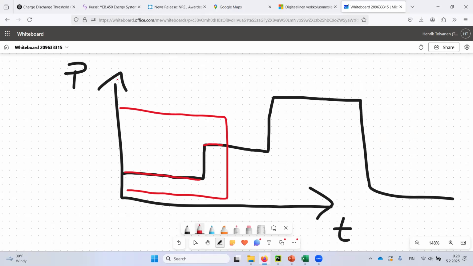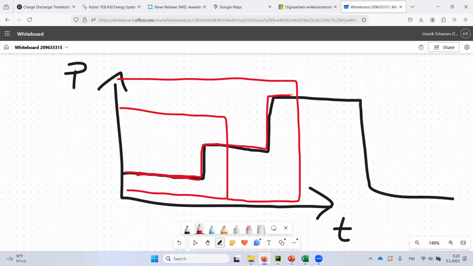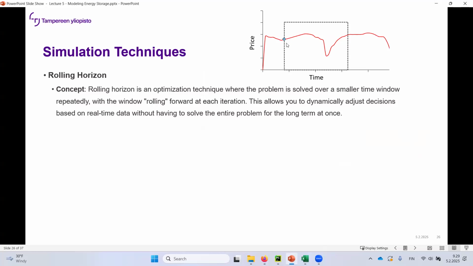But if your rolling horizon sees that there's even more price to catch, you're going to charge here, and you're going to start discharging in here because it has the higher value of overall production. But in the rolling horizon, you make the optimization for 24 hours, and then you move on to the next horizon and the next. So the only time step that you're going to select is the one in the beginning.